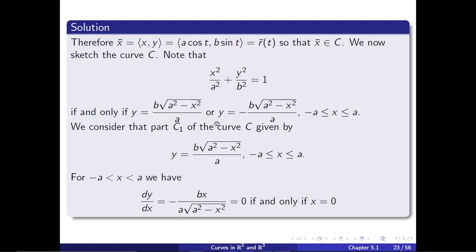So we find that y is either the positive root or the negative, because remember we are taking a square root. So we are going to look at both cases. We consider the part C1 of the curve given by the case where y is the positive root, right?